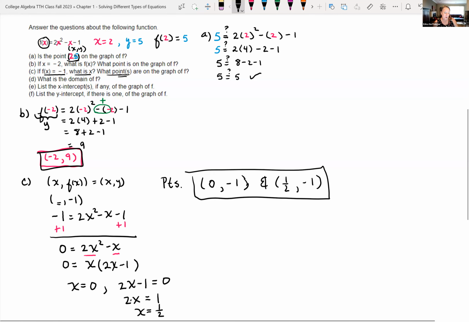Now we want to know what is the domain of f. So recall when we're finding the domain, we're looking at our function. In our case, this f of x equals 2x squared minus x minus 1.